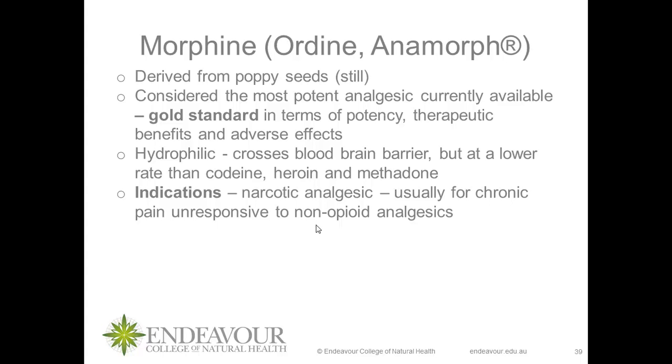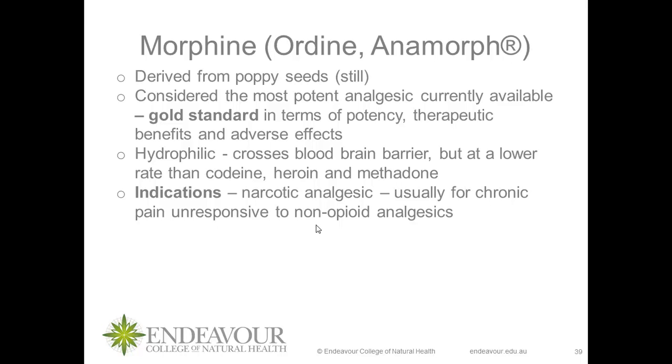The other lipophilic opioids, codeine and methadone. Morphine itself is indicated for narcotic analgesia, so blocking pain where inducing sleep would also be warranted. Because of that indication, that's where drugs of abuse and misuse became known as narcotics, other less pharmaceutically accurate uses of the term narcotic.